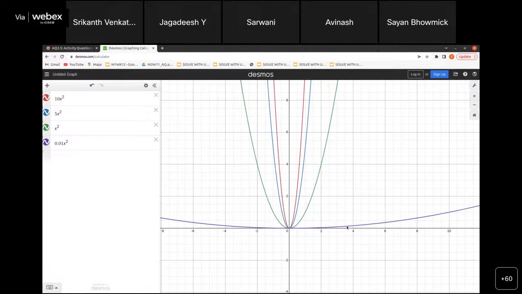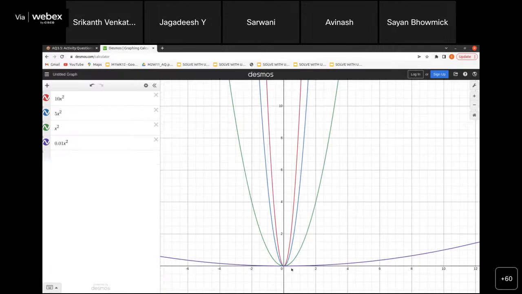Now you see in this violet graph, if I change from x equals 4 to x equals 6, the change in y is very less. But if you see the green graph, from 0 to 2, let's take 0 to 2 so that we can have a picture for the above also.